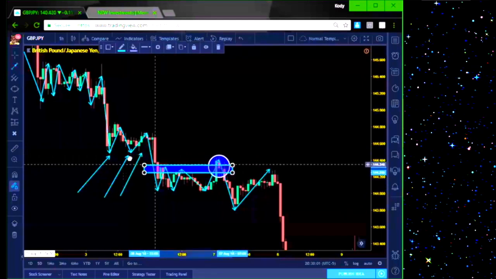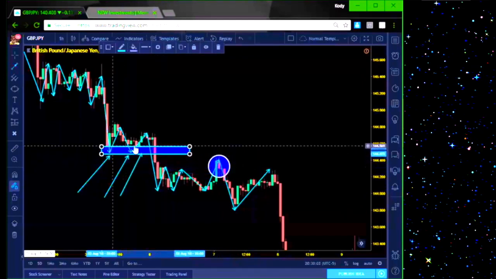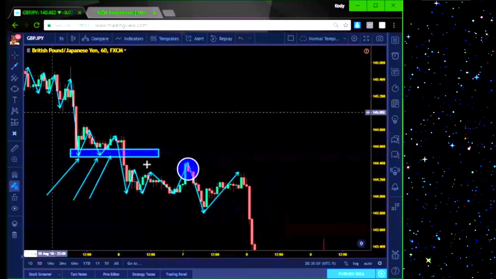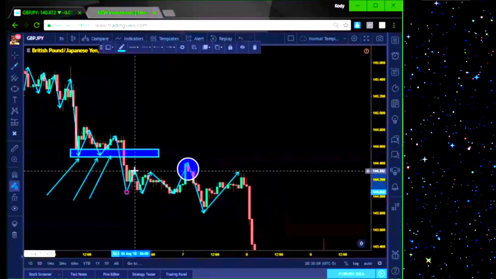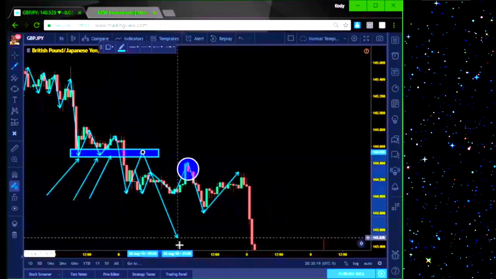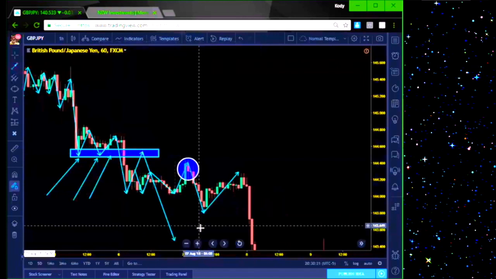Right over here. And when I'm looking at this, I already know that price wants to do what? You guys remember from our first few sessions where we talked about the basics. Price wants to pull back to this and then drop. That's its favorite thing to do.